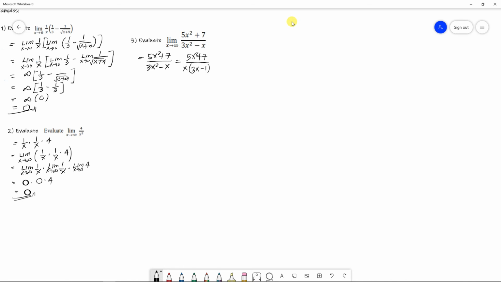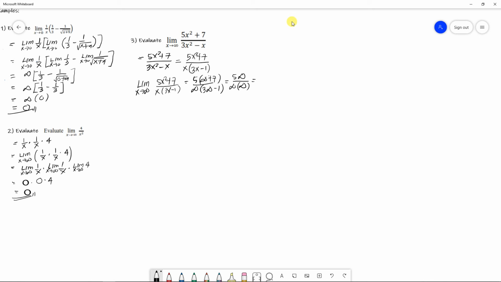So if I'm going to apply limits of 5x squared plus 7 over x times 3x minus 1, where x approaches infinity. So direct substitution tayo, no? 5 times infinity plus 7 divided by infinity times 3 infinity minus 1. Okay, so infinity plus 7 is infinity. Infinity times 3 infinity minus 1 is still infinity.